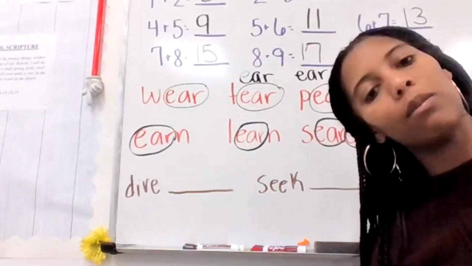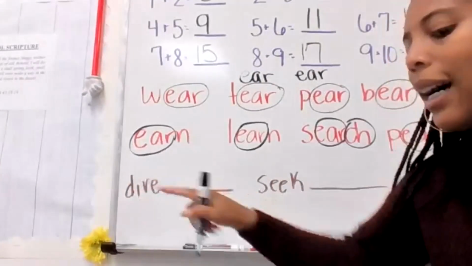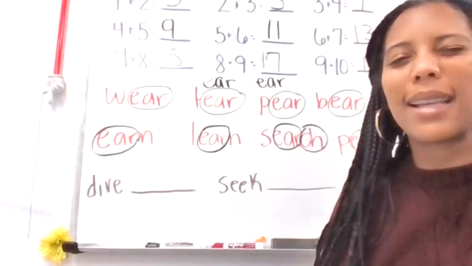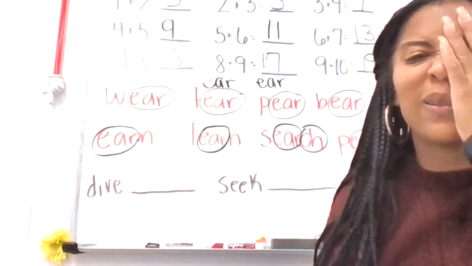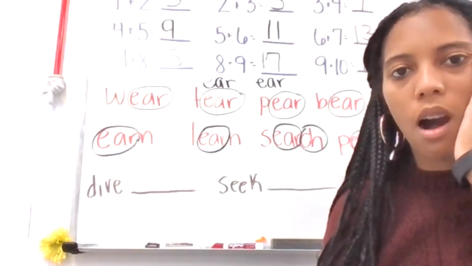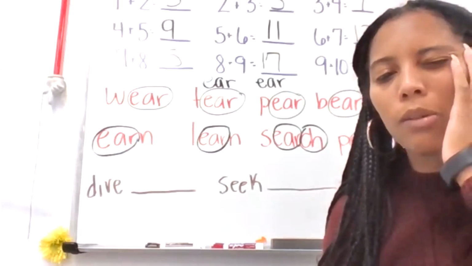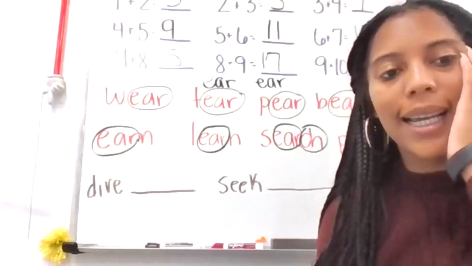Okay, let's practice some rhyming words. So I have dive. What's a word that rhymes with dive? It sounds just the same. Okay, Dennis? Knife. Mive does rhyme, but it's not quite a word, but it does rhyme. It sounds the exact same.